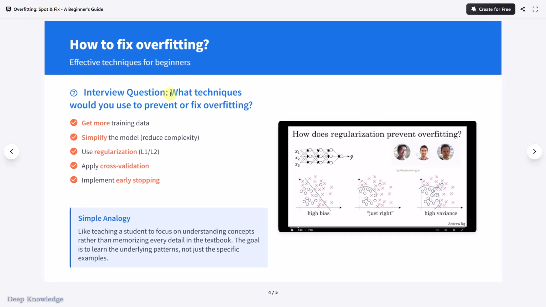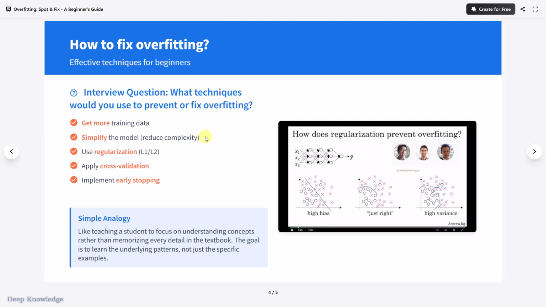Now the question is, what techniques, since they will ask what overfitting is and how to prevent or fix it. To prevent or fix overfitting, you have to get more training data, simplify the model and reduce its complexity, and use L1 and L2 regularization, and maybe both, elastic net. L1 and L2 we will discuss next time.